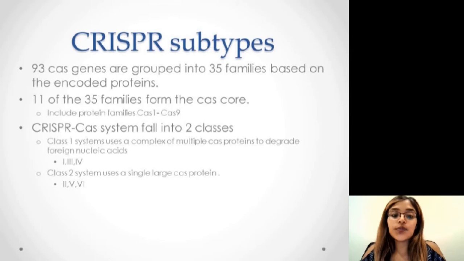So the Class 1 system uses a complex of multiple Cas proteins to degrade foreign nucleic acid. But the Class 2 system uses just one single large Cas protein. So for our purposes, we're going to be talking about CRISPR-Cas9, which falls under Class 2 subtype 2.